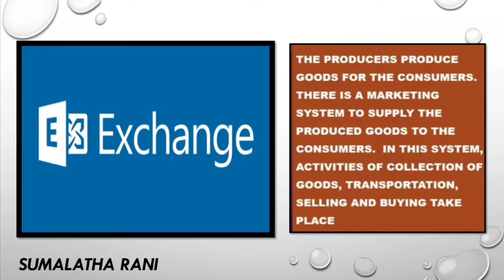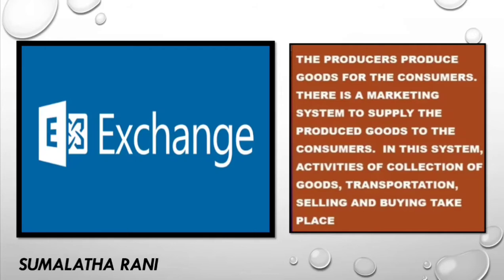Exchange. The producers produce goods for the consumers. There is a marketing system to supply the produced goods to the consumers. In this system, activities of collection of goods, transportation, selling, and buying take place.